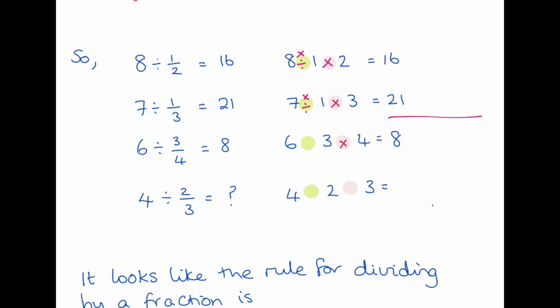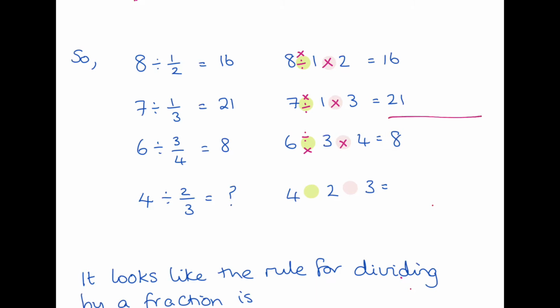So let's think, what has to go in here then when we're doing 6 divided by 3/4? Is it 6 divided by 3 times 4, or is it 6 times 3 times 4? Well, let's think about 6 divided by 3 first. So 6 divided by 3 is 2, times 4 is 8.